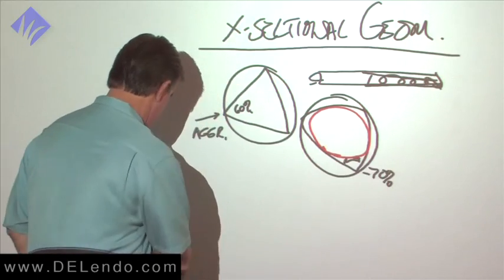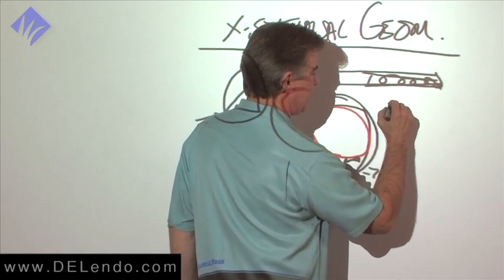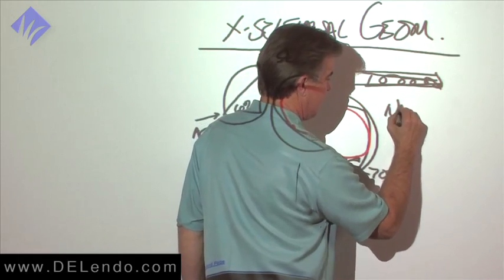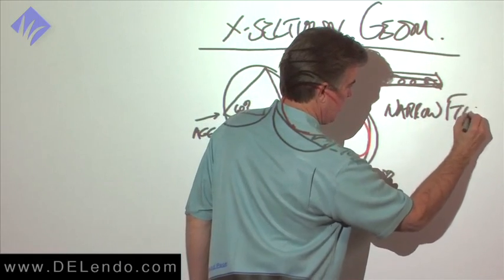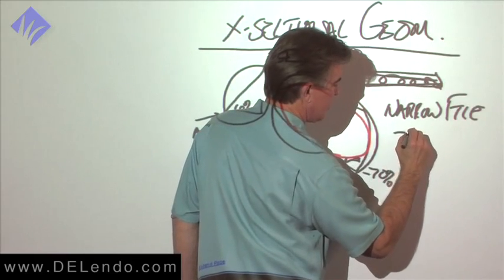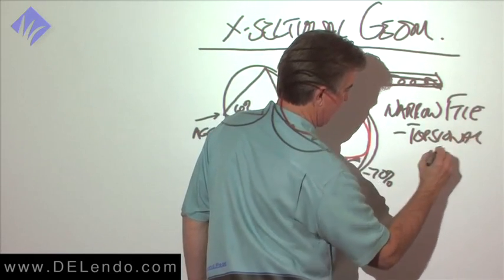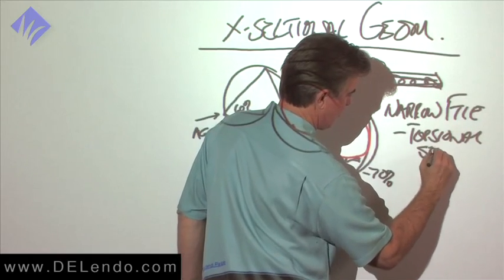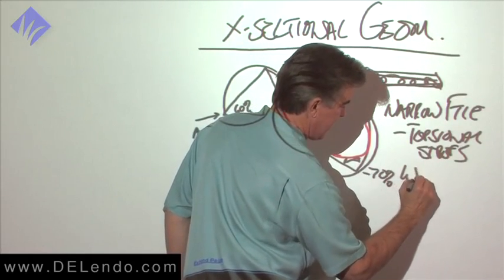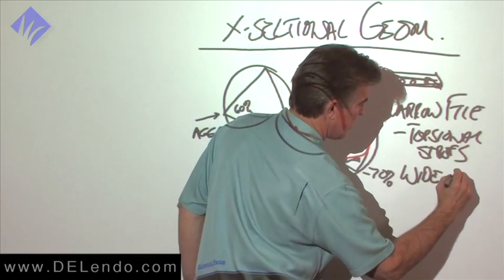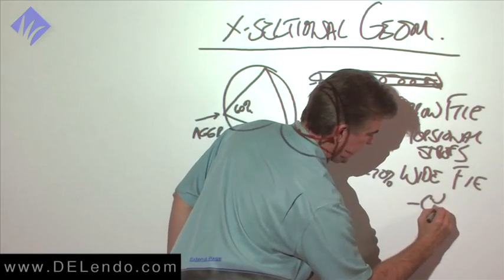And just as a comment here so I don't forget it later, narrow files break due to torsional stresses. Wide taper files break due to cyclic fatigue.